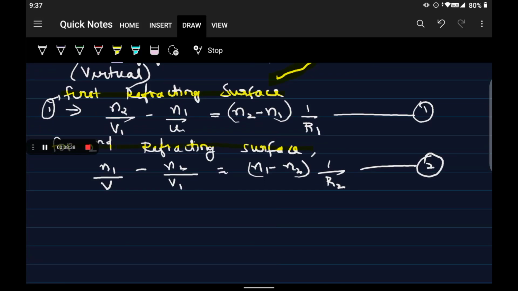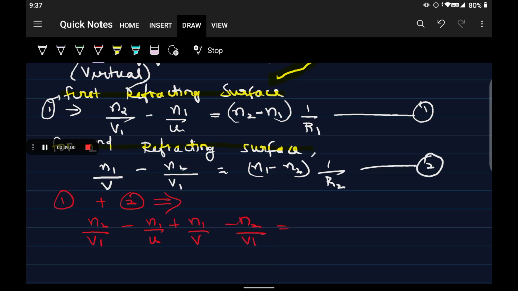Now the equations 1 and 2 must be solved. If you add 1 and 2 on the left hand side and right hand side, you will be getting N2 by V1 minus N1 by U plus N1 by V minus N2 by V1.